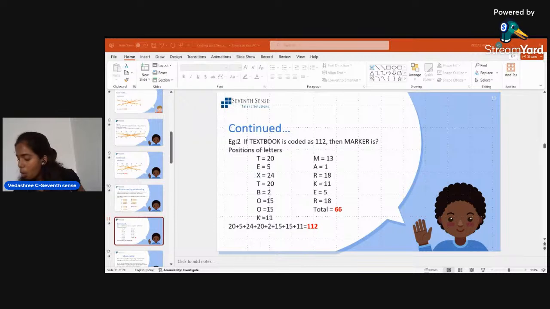Then adding all those positions. Adding all those positions, that is 112. Okay? Understood this problem? So just finding out the positions, letter positions, then sum up those letter positions. That's it. So this is about number coding and decoding.